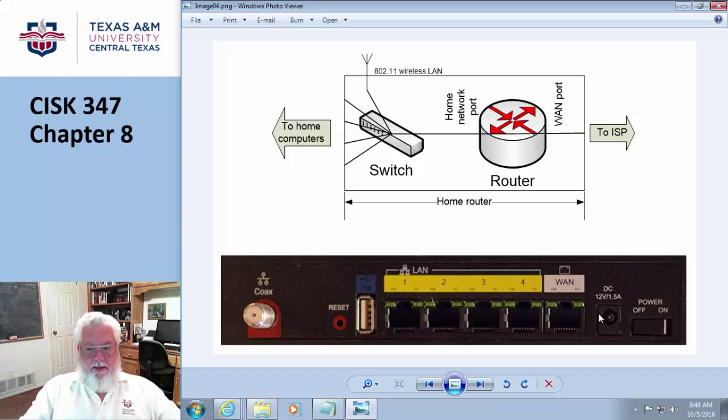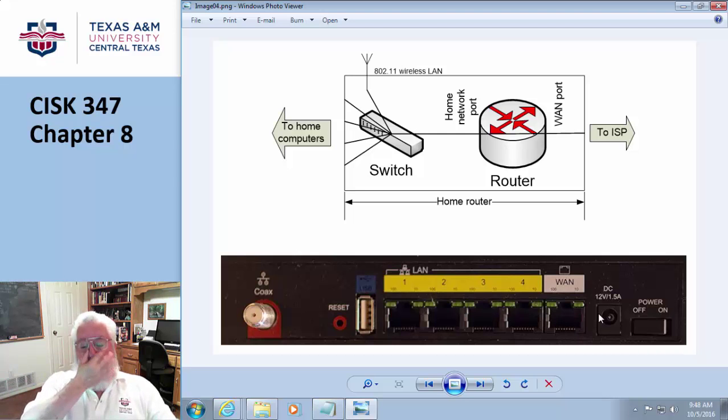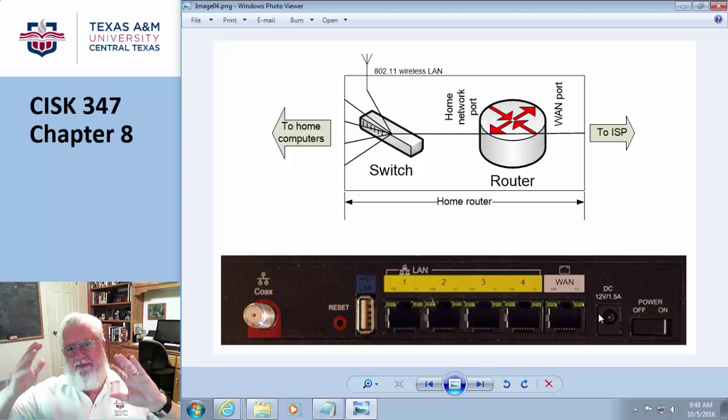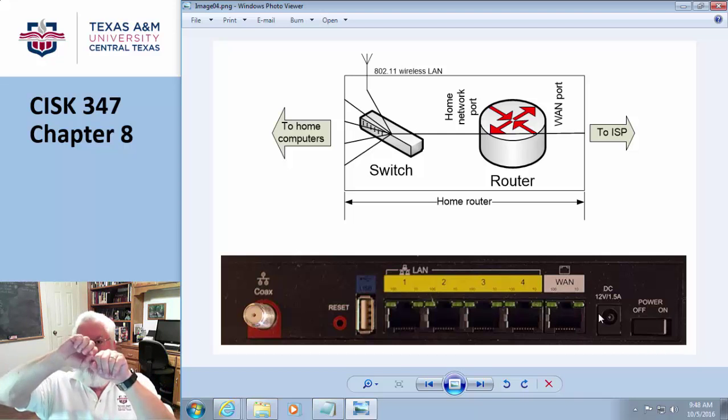All right. The next thing we need to talk about is how the big boys do it. So this is the small-end router that you probably have at home, okay? And there are 2 different classes of routing that take place. Let's say I'm a company, a relatively big company. I have to have some routers. I'm a pretty decent size, so I have like 2 routers, and then my 2 routers talk to the outside world.